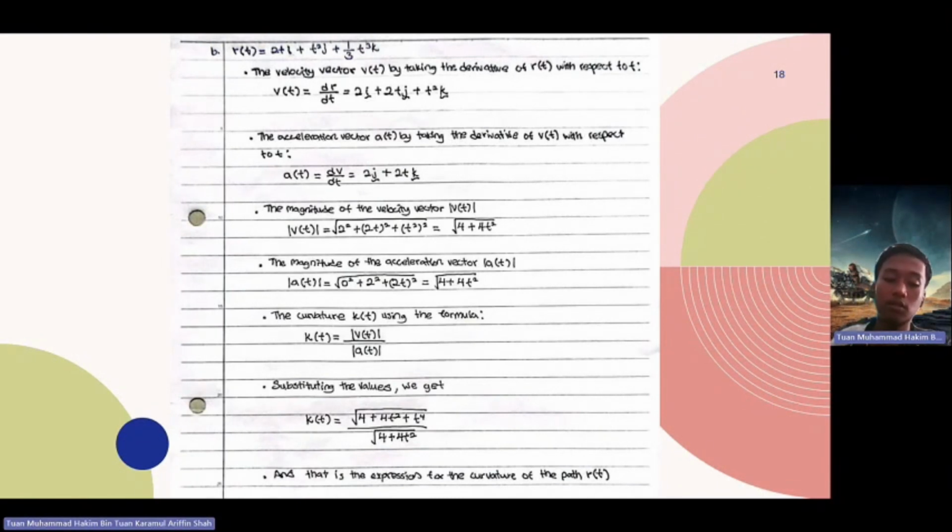Then we find the magnitude of the velocity vector v(t). We use it like this: the square root of 1 squared plus (2t) squared plus (2t squared) squared. And we find the curvature k(t) using the formula like I showed you, and we substitute the value that we got.